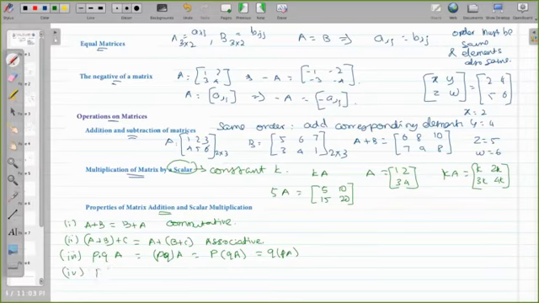If I multiply the scalar with the sum of the matrices A and B, that means PA plus PB. Even the sum of the two scalars P plus Q multiplied with A is PA plus QA. Children, these are the things. With a scalar, you can multiply however you like. It doesn't make any difference at all.